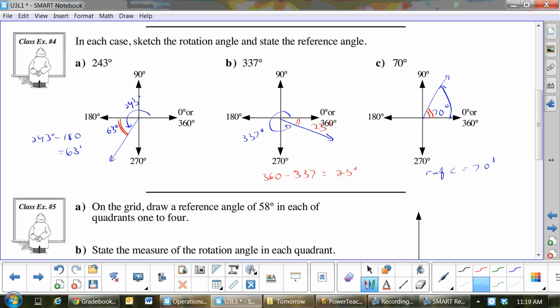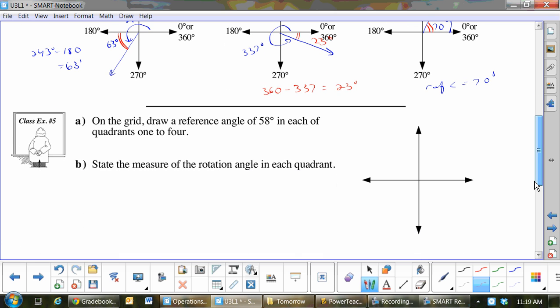Okay. Now, this one in the grid below: draw the reference angle of 58 degrees in each quadrant and tell me the rotation angles. So it's going backwards on us. Okay? So 58, pretty close to 60, right? So let's say it's there, there, there. Well, that one's not very good.